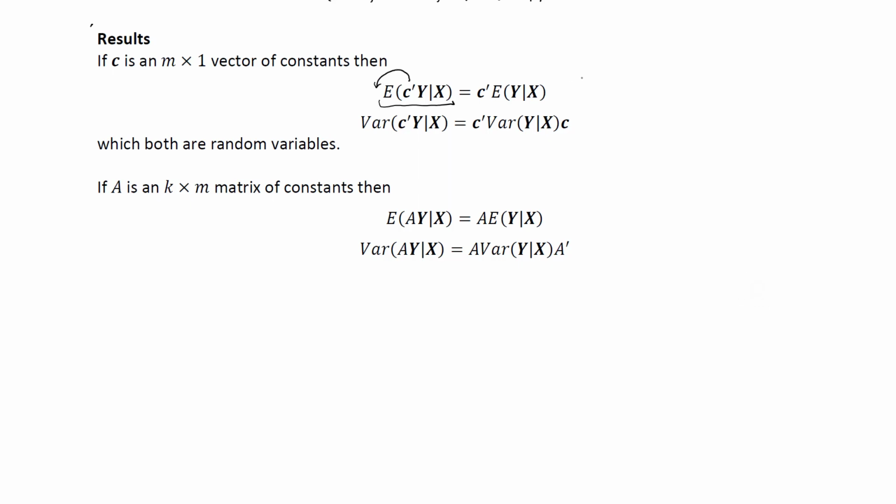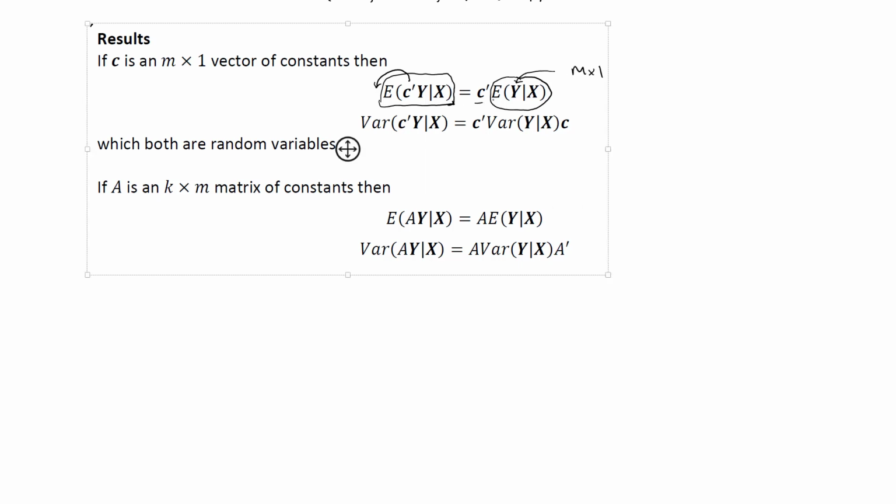Just to confirm dimensions here, c prime y is a scalar, 1 by 1. So this conditional expectation is a random variable. This conditional expectation is a random vector. Its dimension is the same as that of y. So it's an m by 1 random vector.